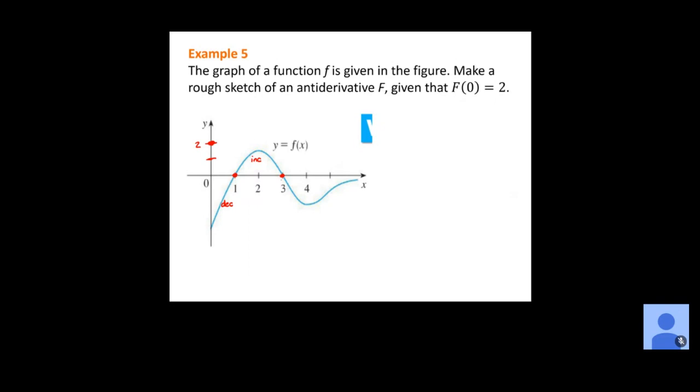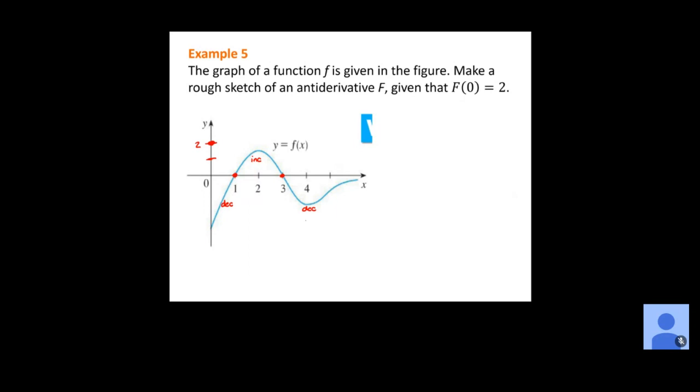Then when we get to 3, it's 0 again. So there's another critical number. And then beyond that point, everything is below the x-axis, which means the original function is doing what? Decreasing again.